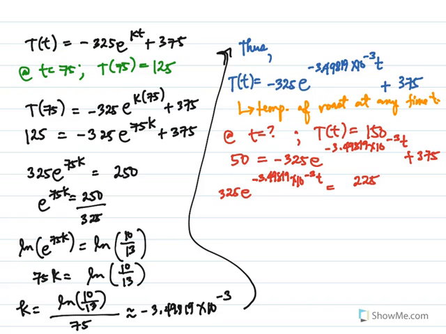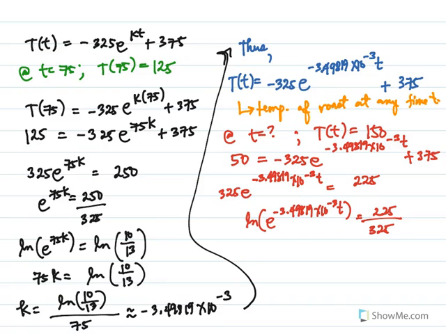Then divide both sides by 325, then you take the ln of both sides, so ln e to the negative 3.49819 times 10 to the negative 3 t is equal to 225 over 325. Ang 225 over 325 is around 9 over 13. Divisible ulit ng 25 yan.